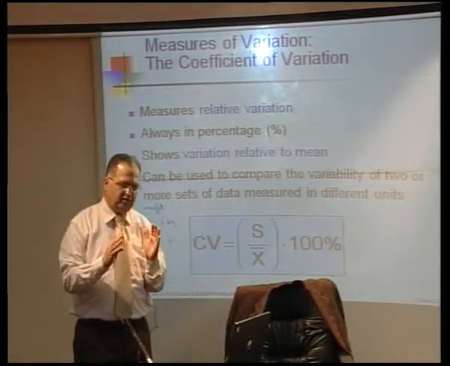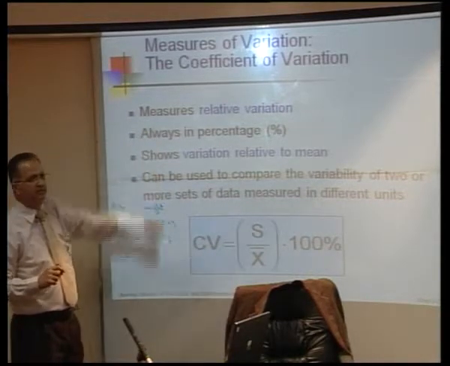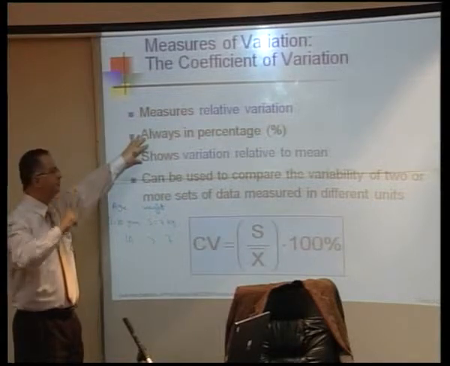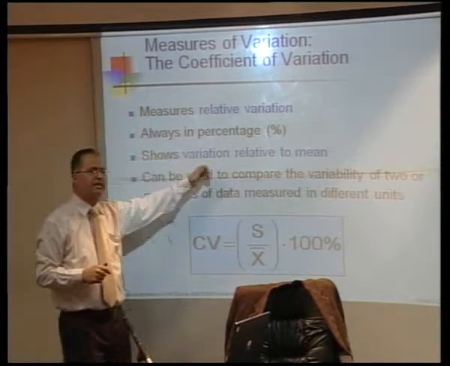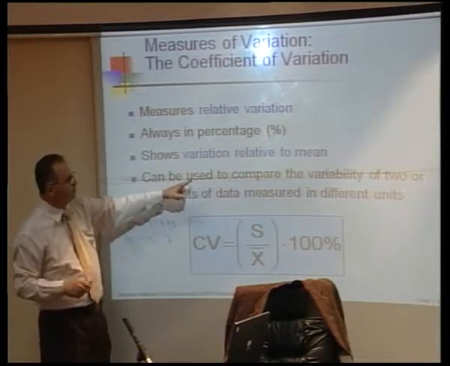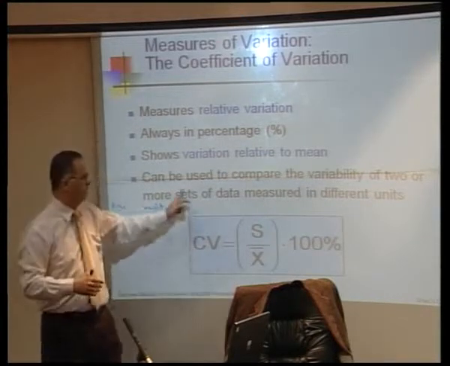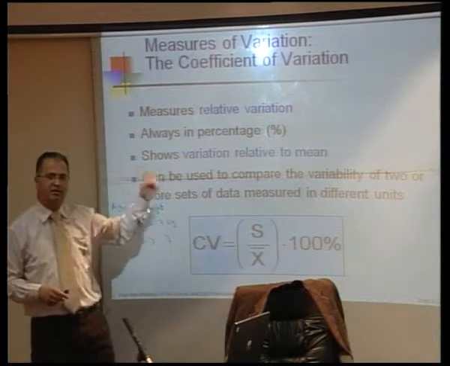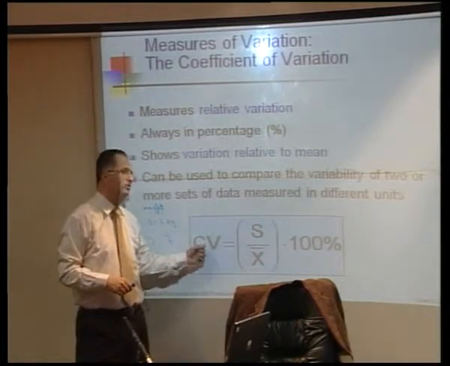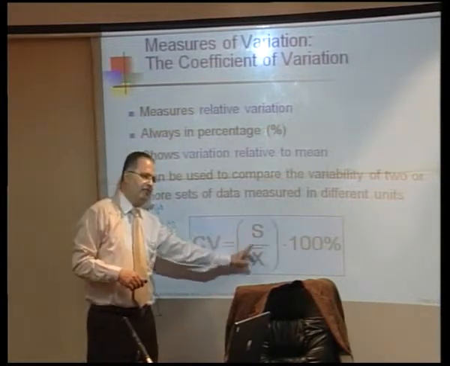Coefficient of variation is a measure of relative variation, always represented in percentage, shows variation relative to the mean, and can be used to compare the variability of two or more sets of data measured in different units. The formula for CV is S divided by X bar.